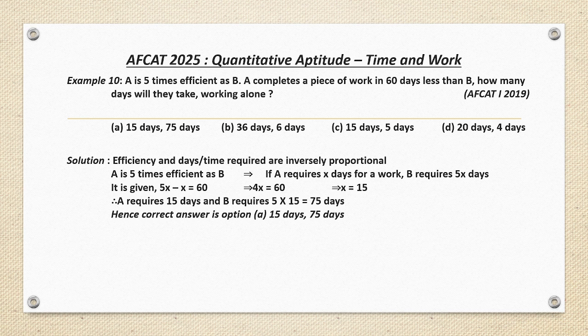We said X represents A. So if X is 15 days, B takes 5 times. So 15 into 5, 75 days. So individually, A requires 15 days and B requires 75 days. Right? This is a tricky one, right? And it is only one line answer.